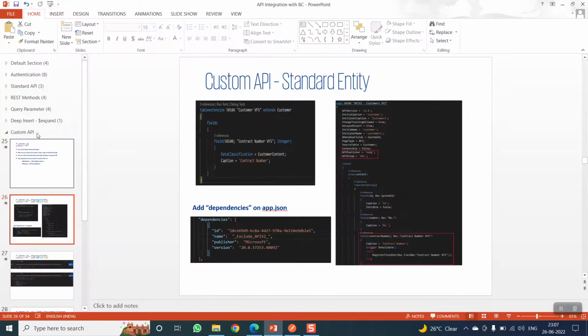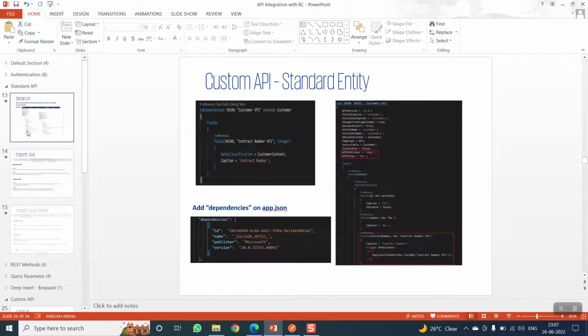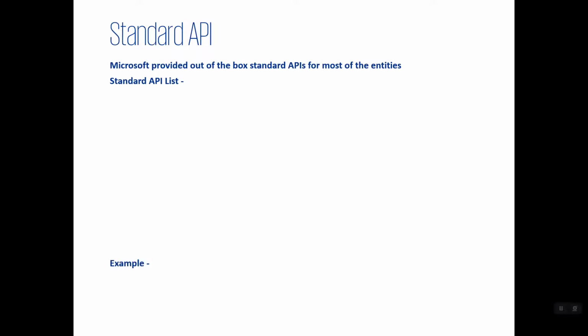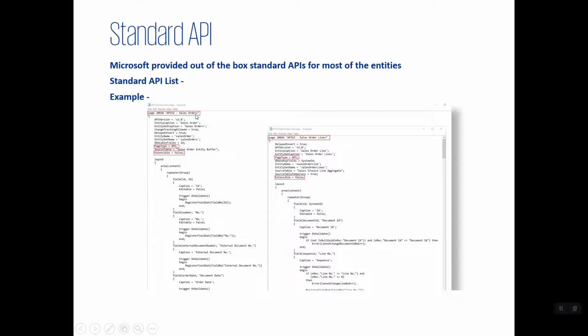Whereas in my previous slide, this is the sales order and the sales order line table. The source table, if you notice here, is sales order entity buffer, and the source table for this is sales invoice line aggregate.